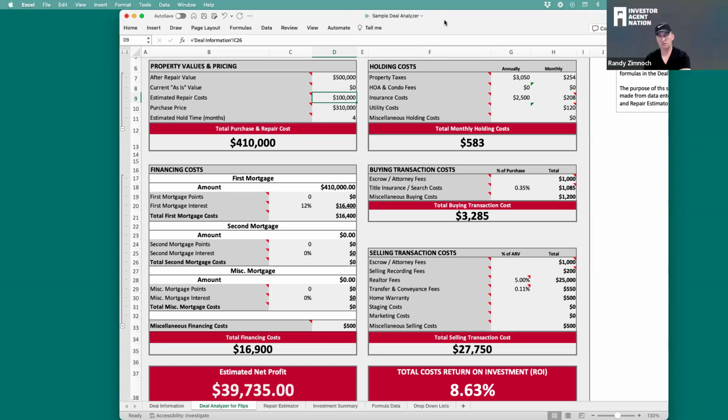So I would sit down with your investor or have a Zoom with them. But before even that, like I mentioned earlier, I would ask the investors you were planning on working with, hey, I have a deal analyzer that I use to quickly calculate offers for my investors.